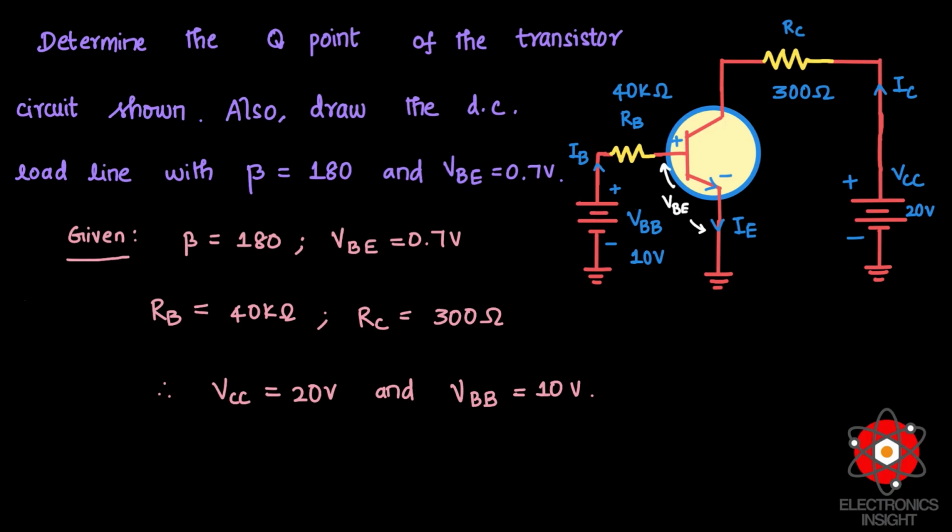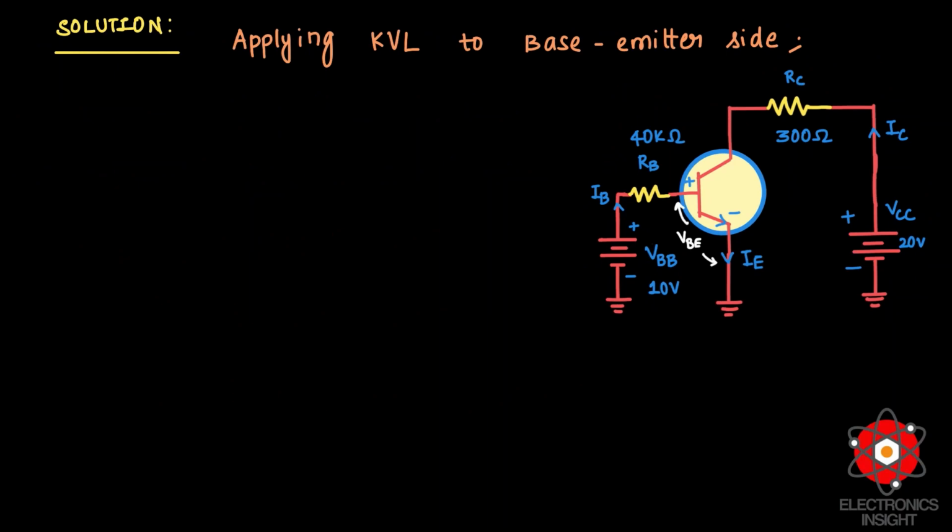Now the presence of this RB, the base resistor, should not disturb us in applying Kirchhoff's voltage law at the base emitter side. So we start at this end.